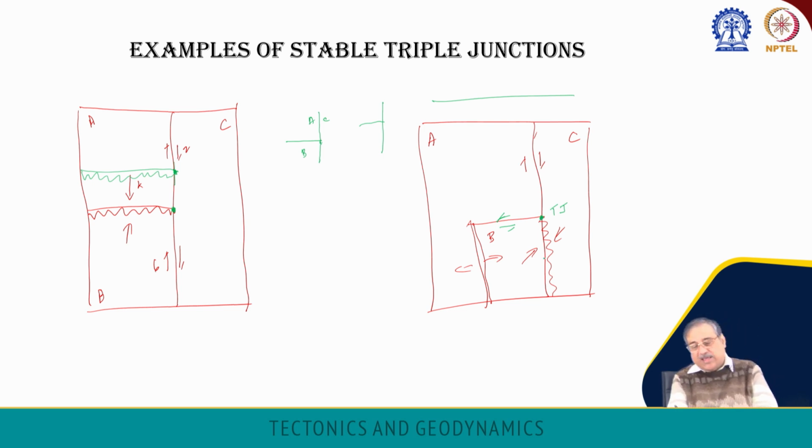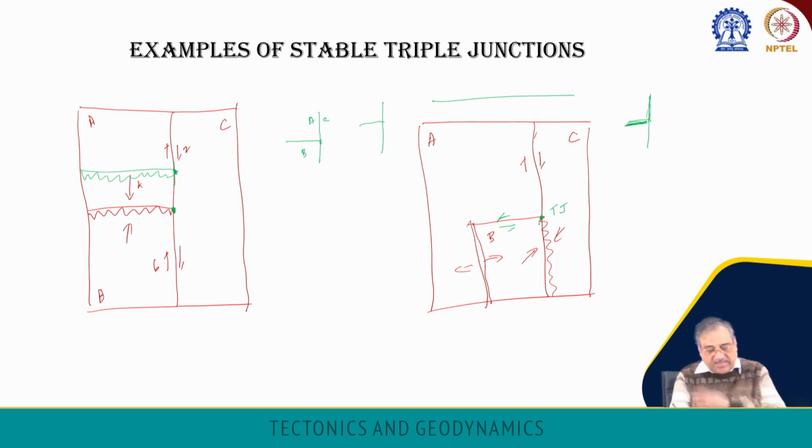So in this case, we have a triple junction that is a junction between three plates A, B, and C. And we have an orientation which is exactly like this. So although this is a transform fault, this is a transform fault also, and this is a trench.